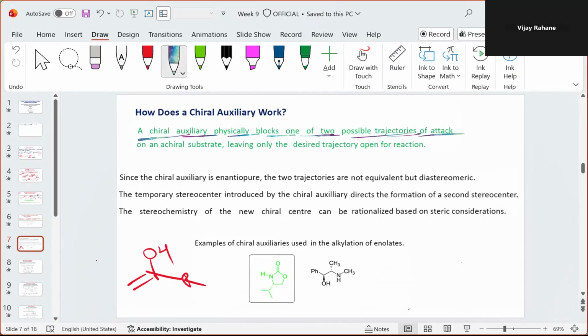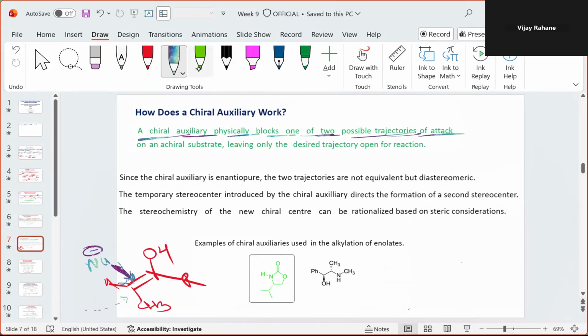Now you can see if I want the nucleophile to attack on this side, how many different possible ways are there? The attack can be either from the top side or from the bottom side. So these two possible attacks are possible on the substrate.